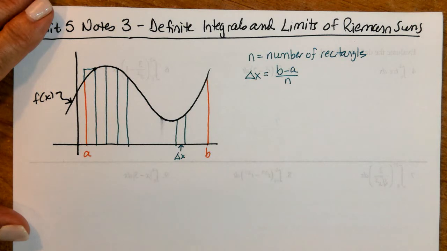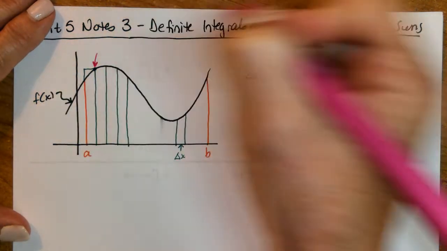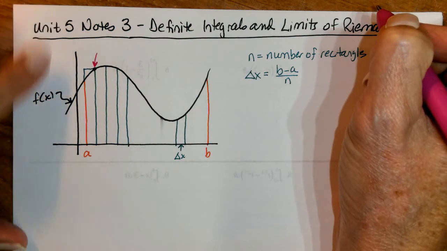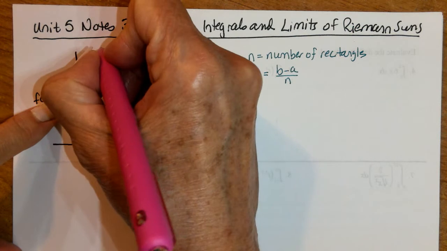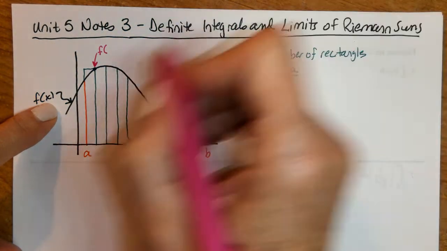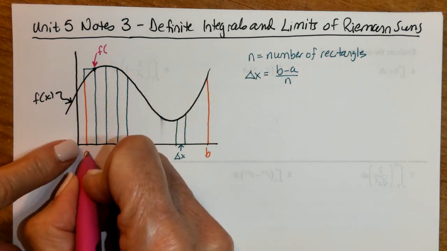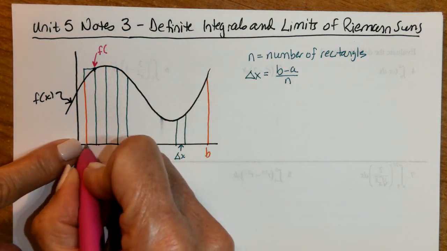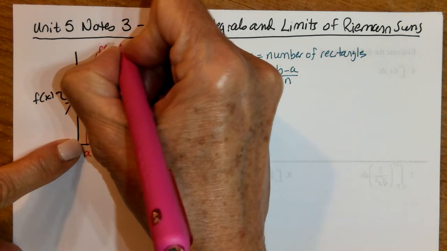How can we write that height? It's definitely the y value of this function. So that would be f of what? What is that x value? Well, we started with a and we added delta x to it, so that would be a plus delta x.